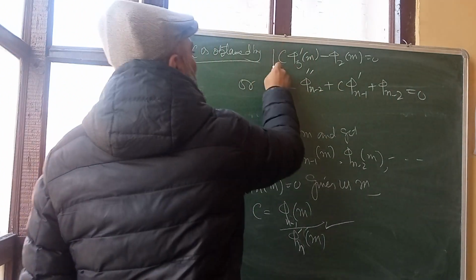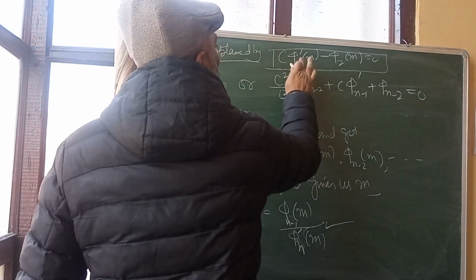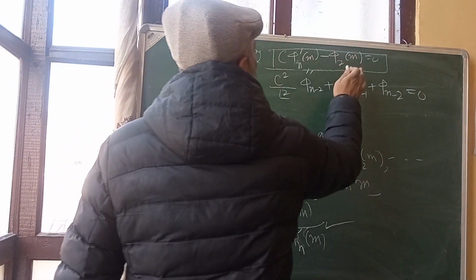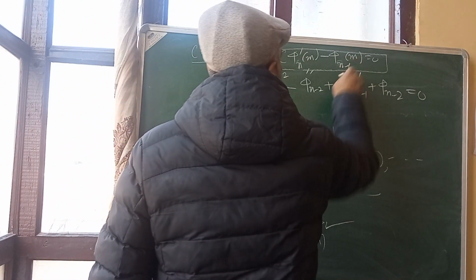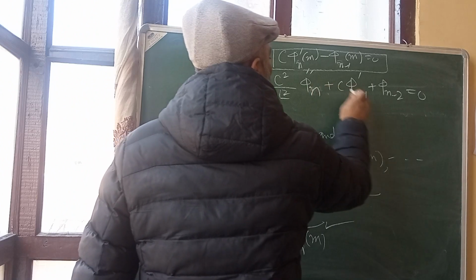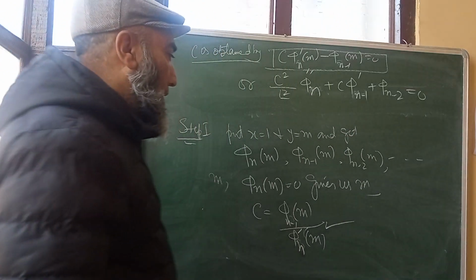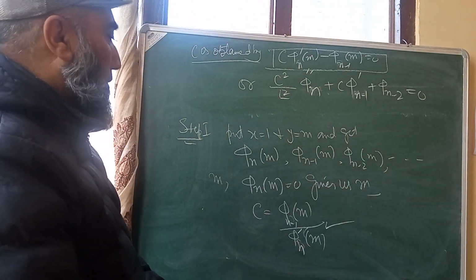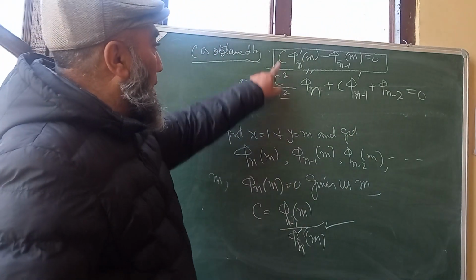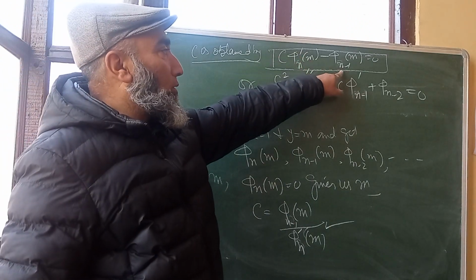Either you have to take c from this equation, this is n and this is n minus 1, so this is n, minus 1 and n minus 2. Okay, this is it: c phi n dash, phi n minus 1.